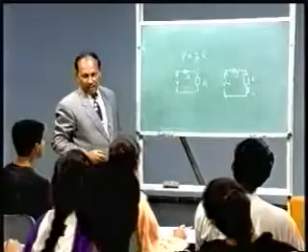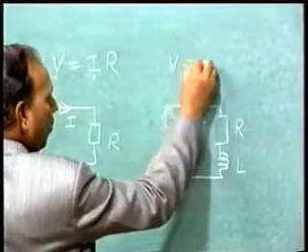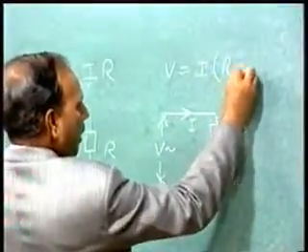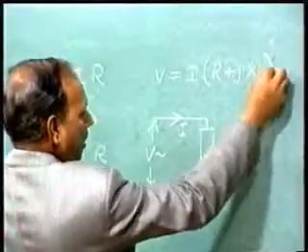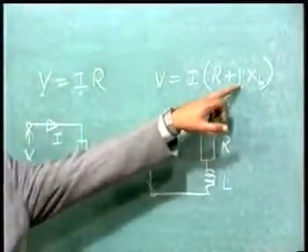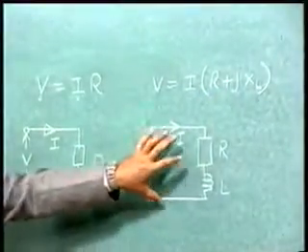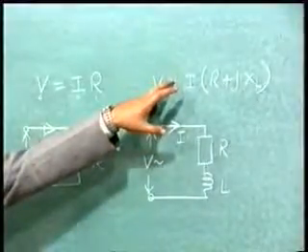V, I, R and L. Can you not write V is equal to I into R plus jXL? So this equation is there, and this is the equivalent circuit of this equation. Or this equivalent circuit represents this equation. They are equivalent, isn't it? Yes.